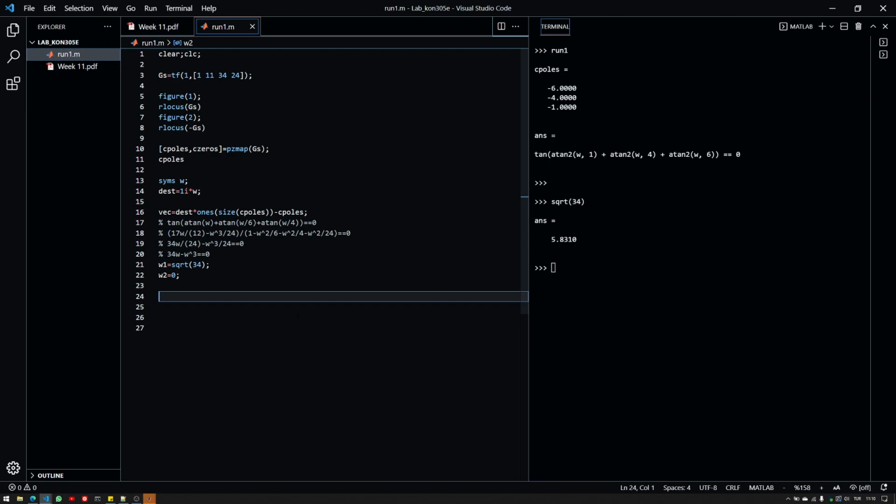So now what is the gain condition? Now the gain condition is as follows.